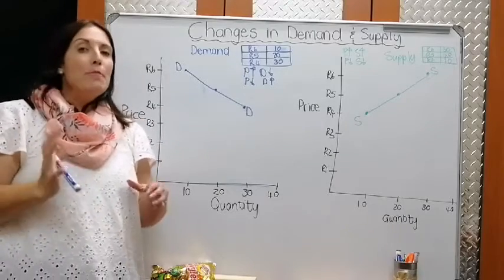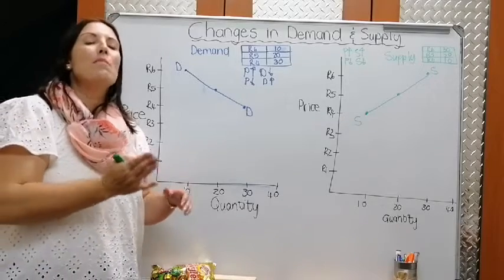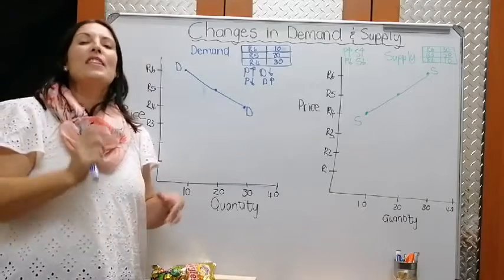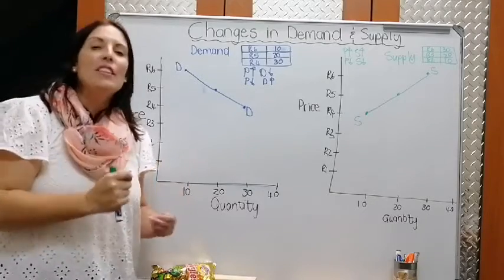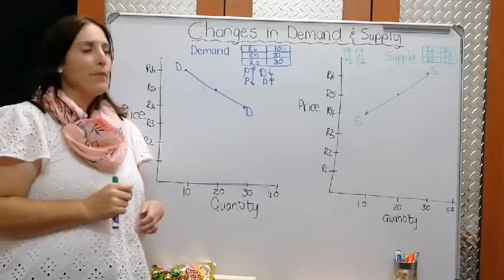So what will happen? If people have more money to spend, what do you think will happen to the demand for a specific product or service? Yes, you are right. The demand will usually increase if there is more money in the hands of the customer or the client.